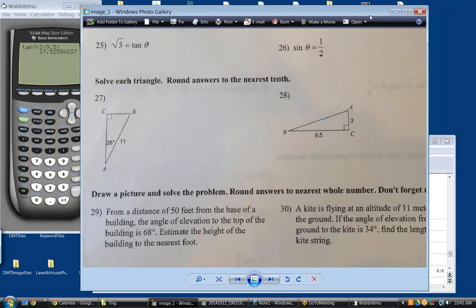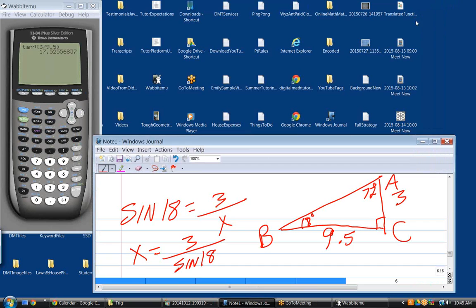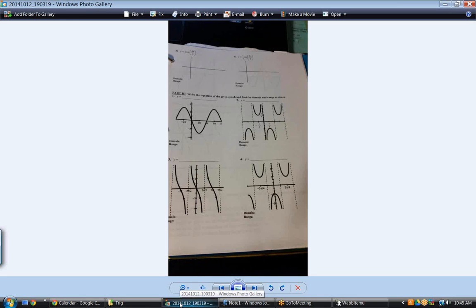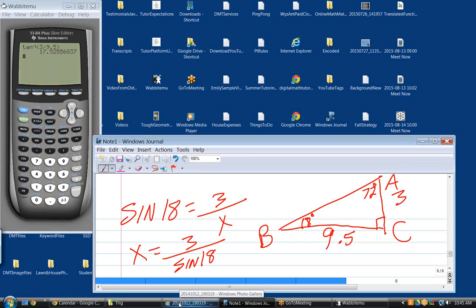Let's see what else I got here. We don't need word problems yet, but incidentally, word problems in trig always convert to triangles.